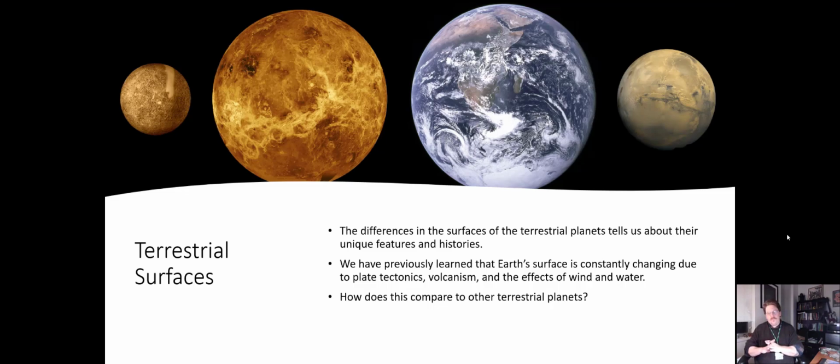So now let's talk about the surfaces and interiors of these worlds. How do they compare to each other? Here is an example of the worlds to scale. So you have, again, Mercury on the left, Venus, Earth, and Mars. Venus looks the way that it does because that is a radar image from Magellan, if I'm not mistaken, although I'm sure there's been a more recent mission.